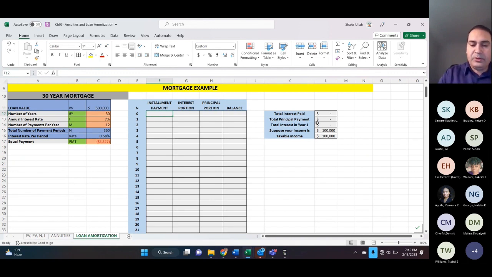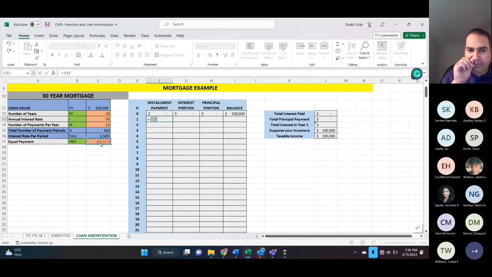Starting with period 0, we're not making any installment payment at time 0, so that is 0. No interest payment, no principal payment. The balance right here is 500,000, so that is our total loan amount. Okay, how much is our installment payment? That should be equal to, and let me put a negative sign so that this payment becomes a positive number on my table.